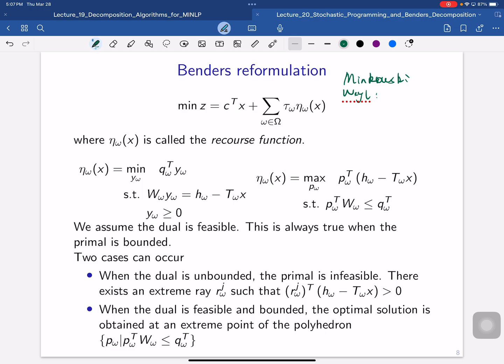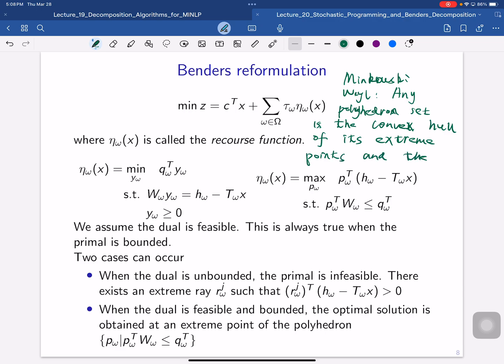any polyhedral set is the convex hull of its extreme points and the conic hull of its extreme rays.